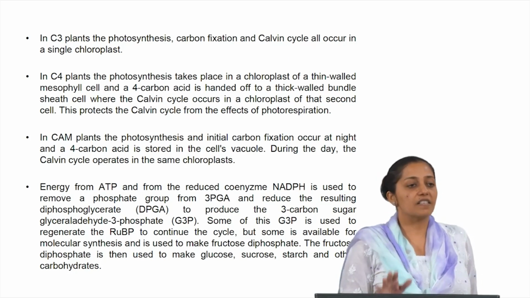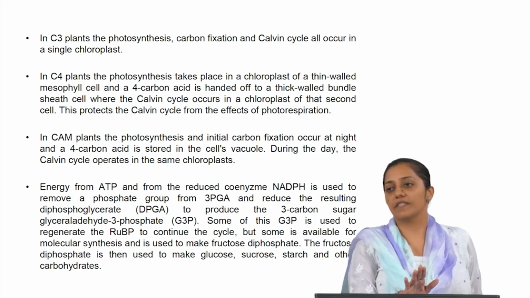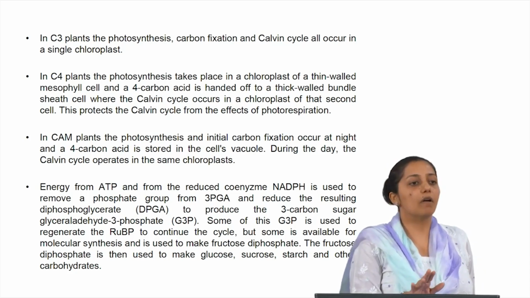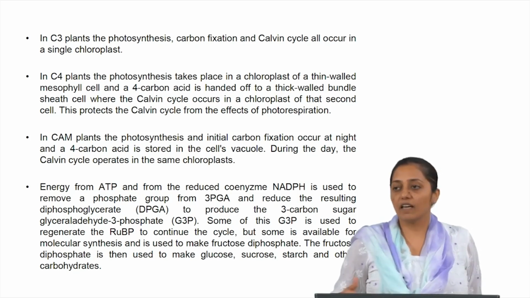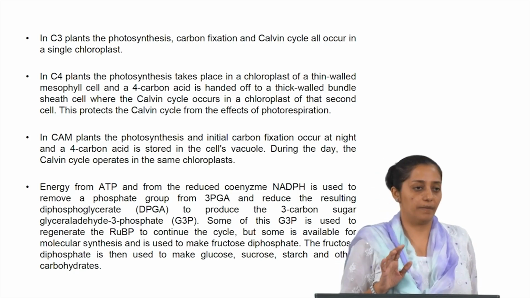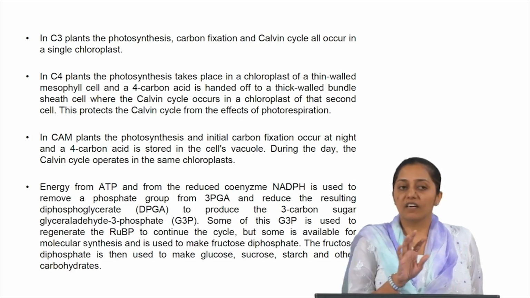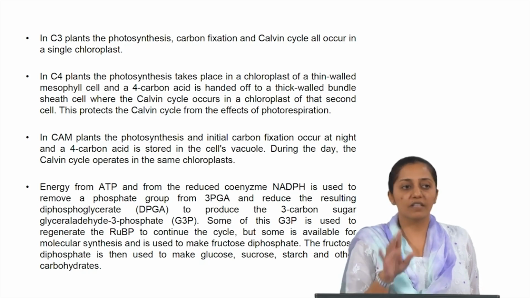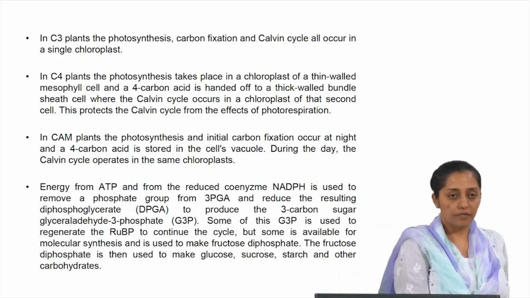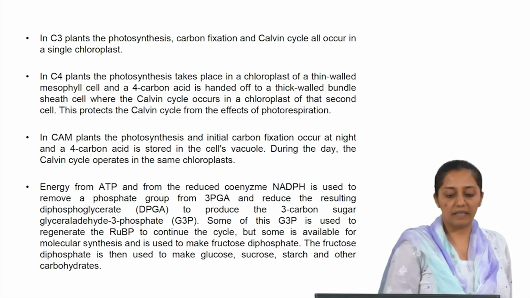These reactions again happen at the expense of the cell's energy. So, ATP is involved and there is a loss of CO2 when glycine is converted to serine in mitochondria. So, effectively 30% of the carbon fixed is lost in salvaging this molecule. So, we will see what plants do in that case.